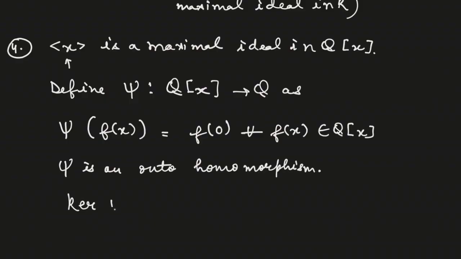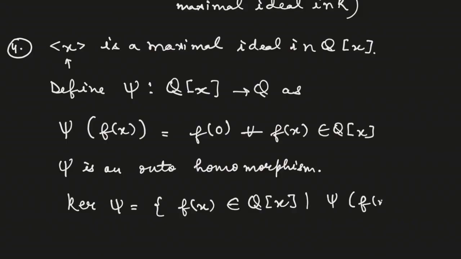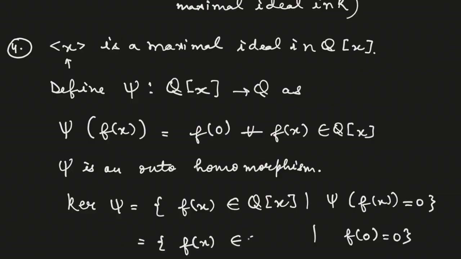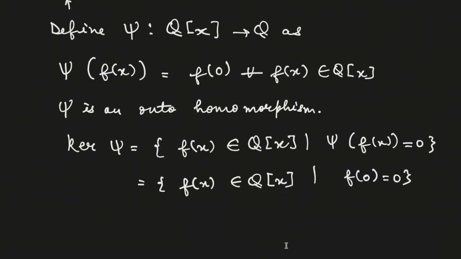Now what is the kernel of psi? This will be all f(x) belonging to Q[x] such that psi of f(x) equals 0, and psi of f(x) is f(0). So f(x) belongs to Q[x] such that f(0) equals 0. So this will be the ideal generated by x.